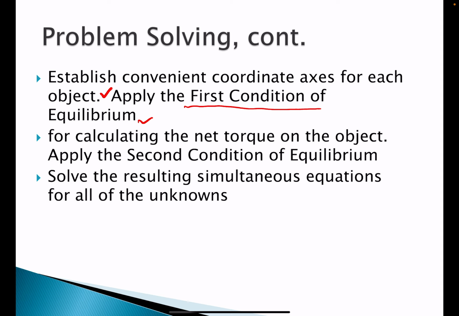So you know the first condition has something to do with the forces. So the total of the forces will be equal to 0. And for calculating the net torque on the object, you apply the second condition of equilibrium. So the torque about any point will be equal to 0. And you can solve the resulting simultaneous equations for all of the unknowns.